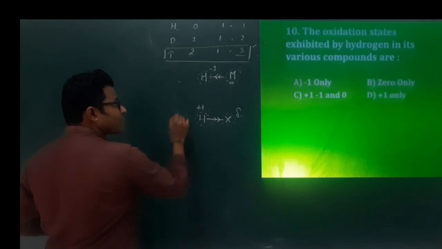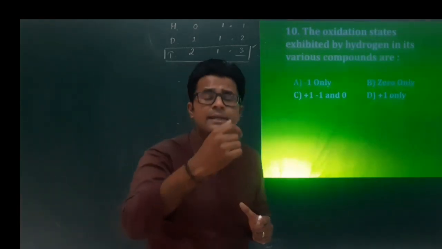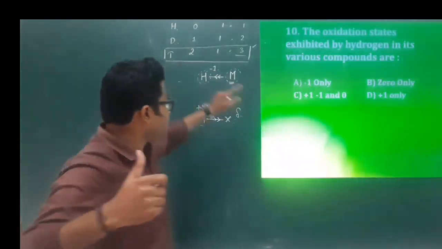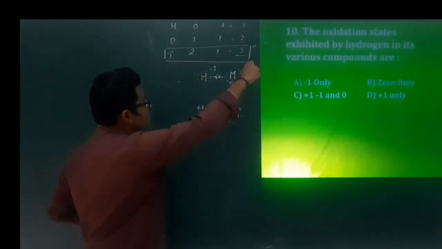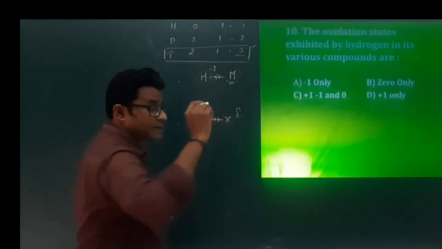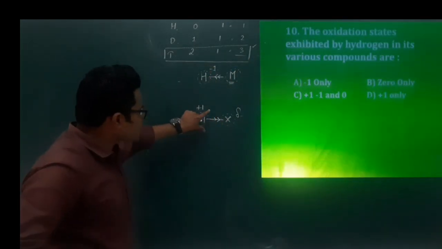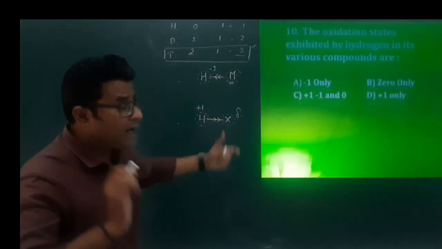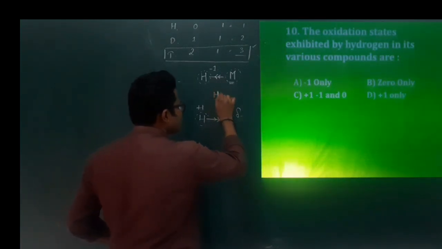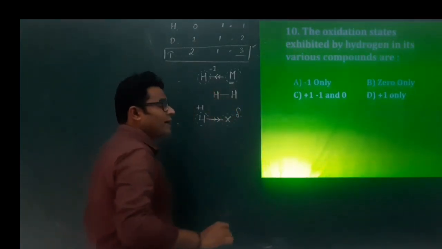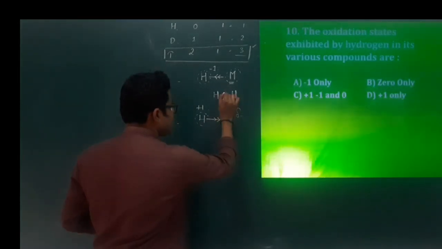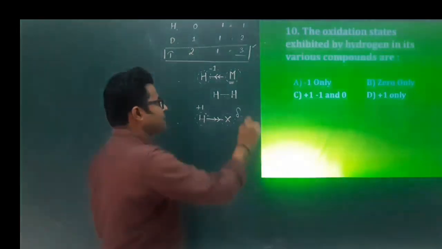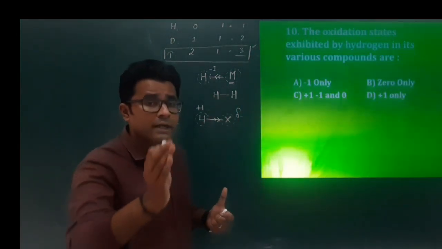So we have two different scenarios here. Where the hydrogen is connected to metal, the hydrogen takes the electron, so in such cases it is -1. While in the case where the hydrogen loses the electron, it becomes +1. There are cases such as a simple molecule of hydrogen, where the electrons remain exactly in the center, shared by both of them. In this case, the oxidation state of hydrogen remains 0.